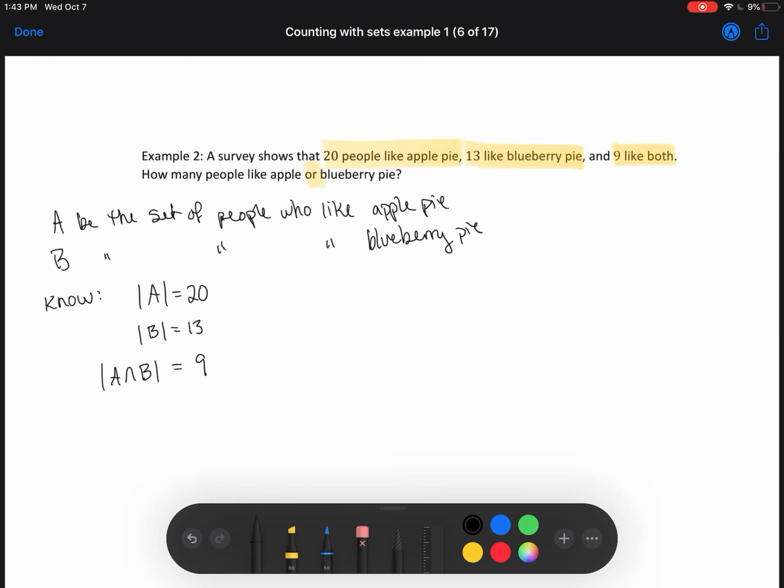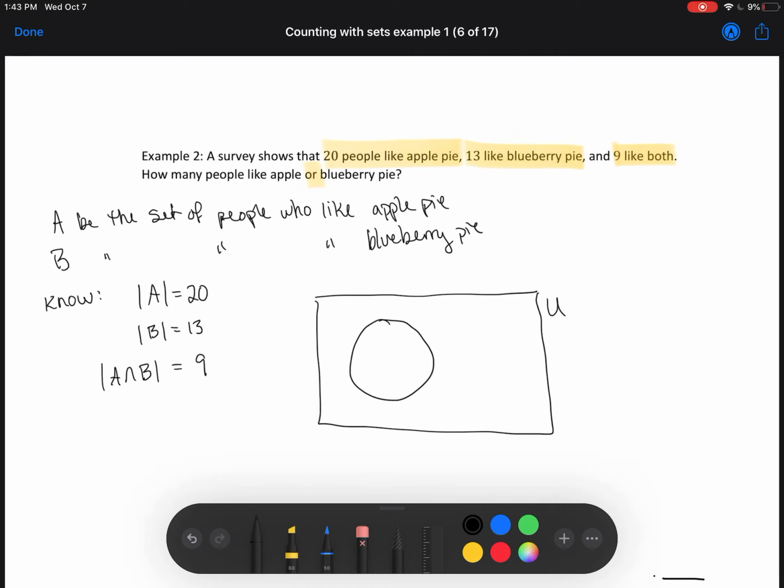Okay. So one way that we can answer this question is using a Venn diagram. So we have a box for the universal set U, which in this case would contain all of the people that are surveyed in this survey about pie.